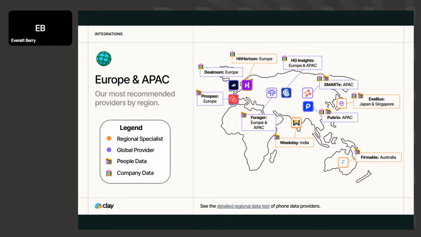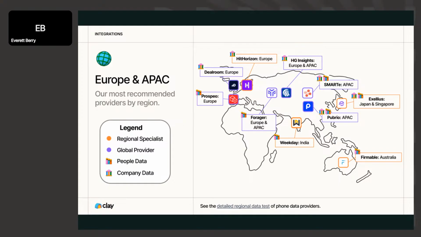And so I've spent a lot of time with customers testing data providers and testing data in various different regions. Give you a quick example, Firmable in Australia, 10 million Australian contacts, million businesses, phone numbers, emails, a really rich local data set that is available in Clay.